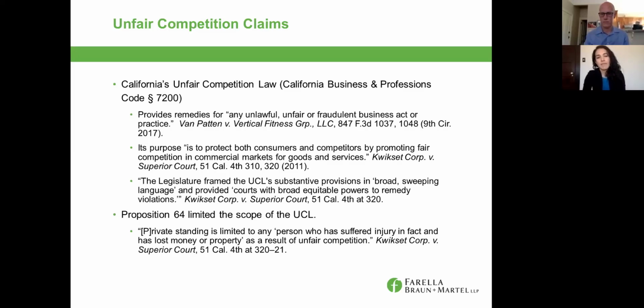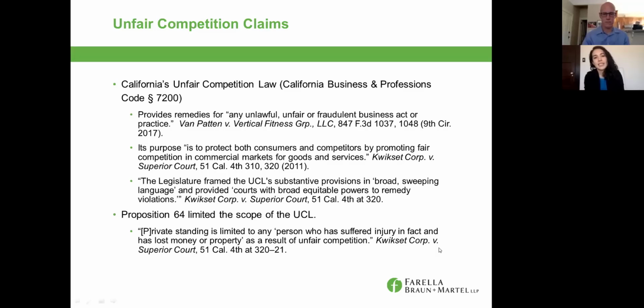Proposition 64, which passed a number of years ago, limited the scope of the UCL so that only certain people could bring claims. It used to be that anyone could witness a violation of a law and bring a claim saying, you know, this entity is violating X law or X regulation, and they could file a suit and extract money in a settlement.